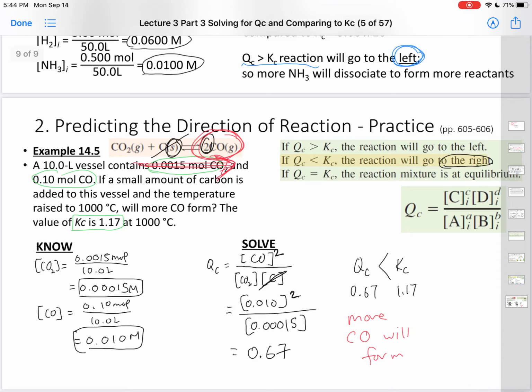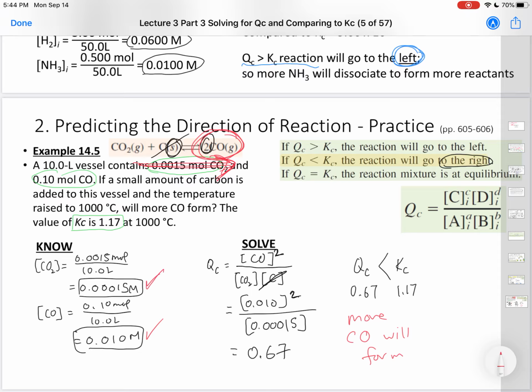All right, so this ends this video. Again, there are really a couple of takeaway points. One is how to calculate Qc and compare it to Kc. And then based on that, you should be able to predict, will it shift to the left or to the right? Very, very important is that you calculate the molarity first before you plug it into the Qc.